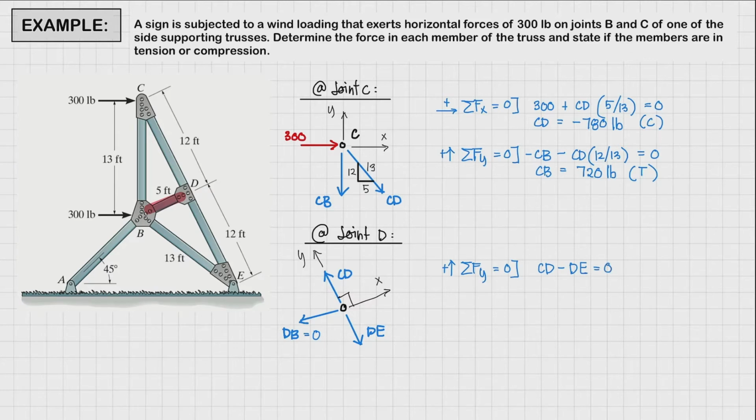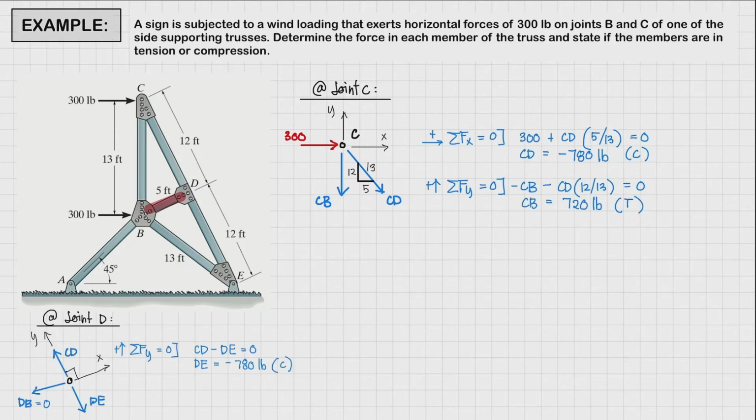We have already solved for CD, and that is negative 780 pounds. So our DE now is going to be equal to negative 780 pounds. And since it's negative, this is going to be under compression, right?